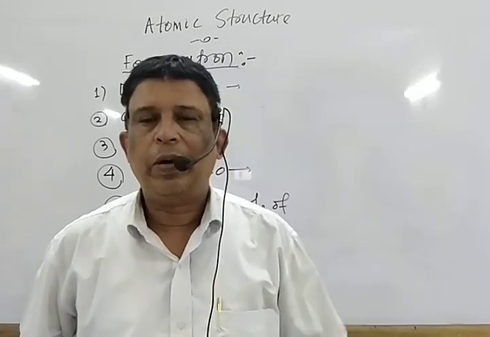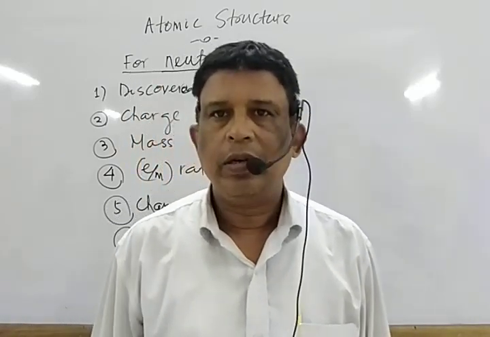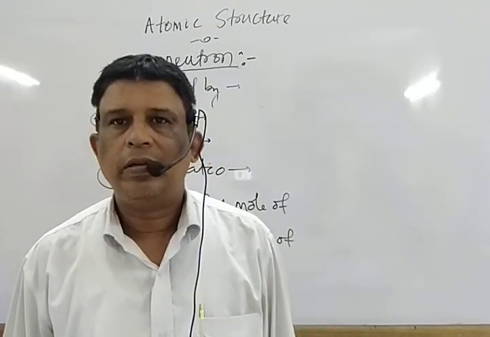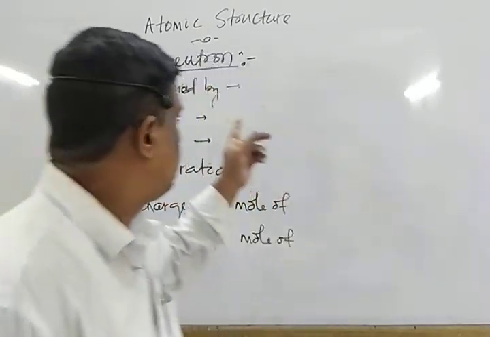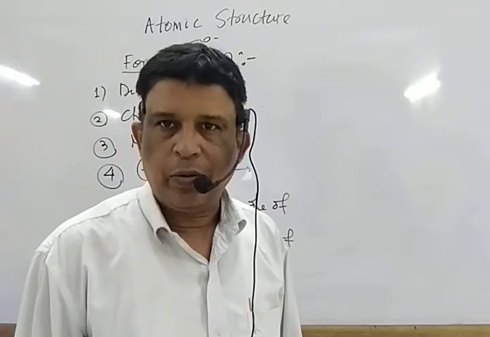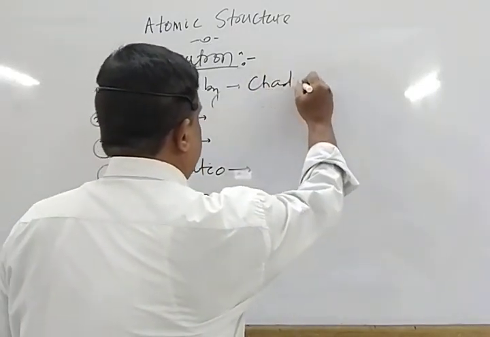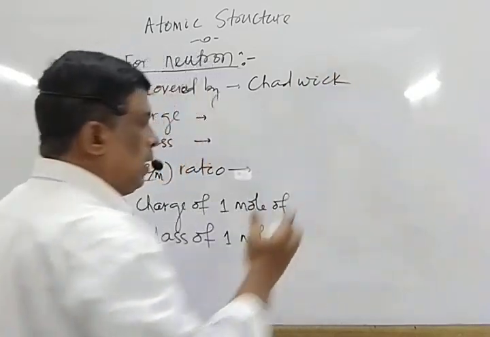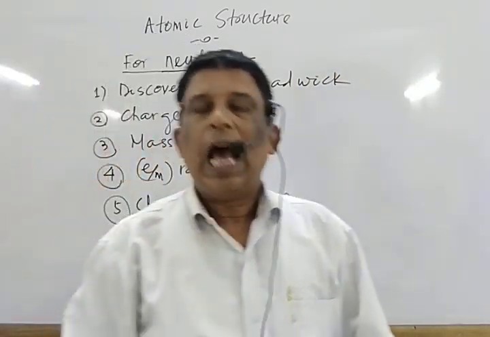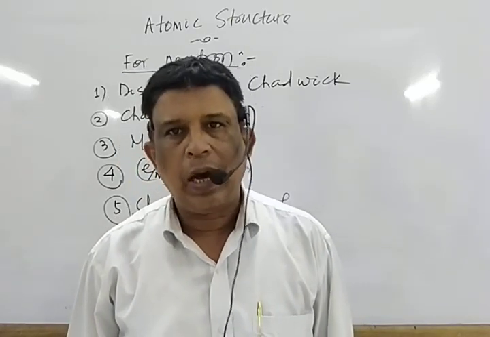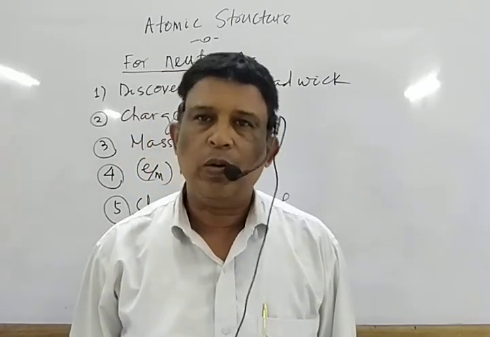Next we discuss the neutron. Neutron is also a fundamental particle, discovered by Chadwick. Mark that, it was discovered by Chadwick. It has mass equivalent to one atomic mass unit and no charge.